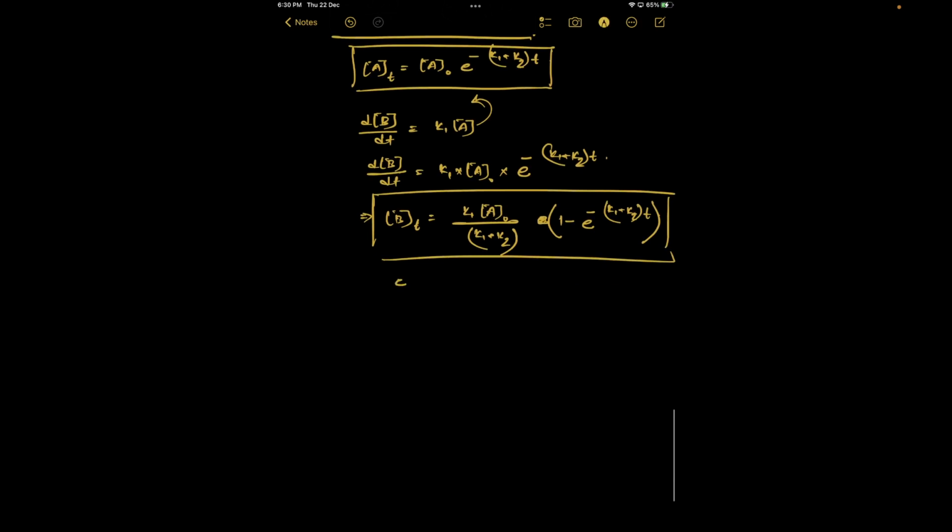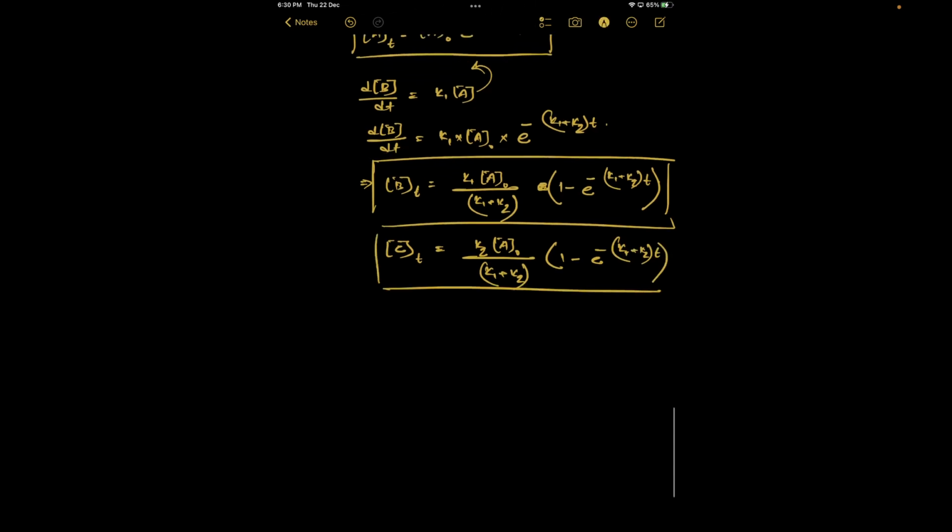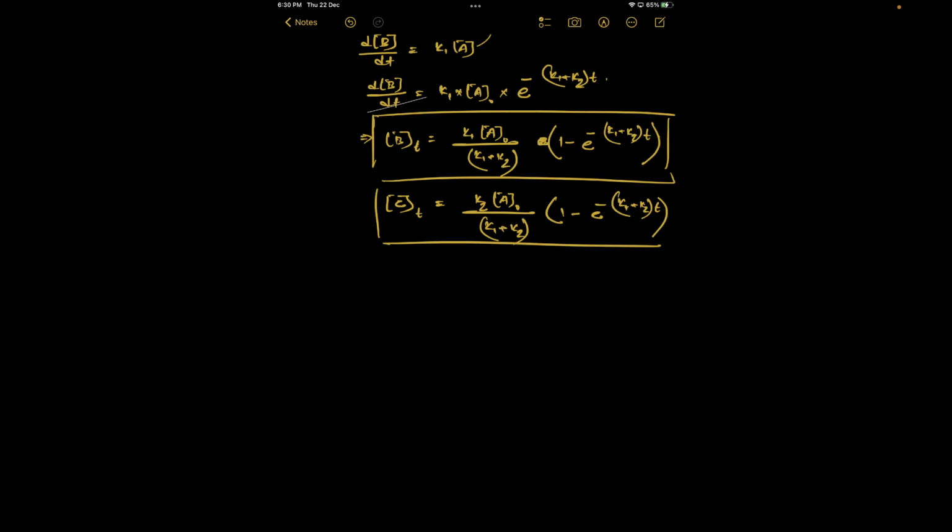Similarly for C molecules, it will be K2 times A0 divided by (K1 plus K2), times (1 minus e to the power minus (K1 plus K2) t). Now importantly, for this parallel reaction at any time t, consider the ratio of the concentrations of B and C, that means the ratio of different products.